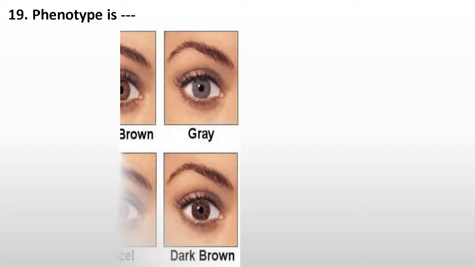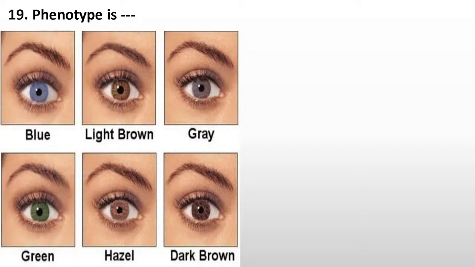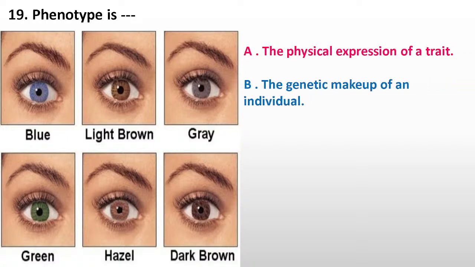Coming to question number 19. Phenotype is dash. Here is one image given for your reference, and the options are A. The physical expression of a trait. B. The genetic makeup of an individual.